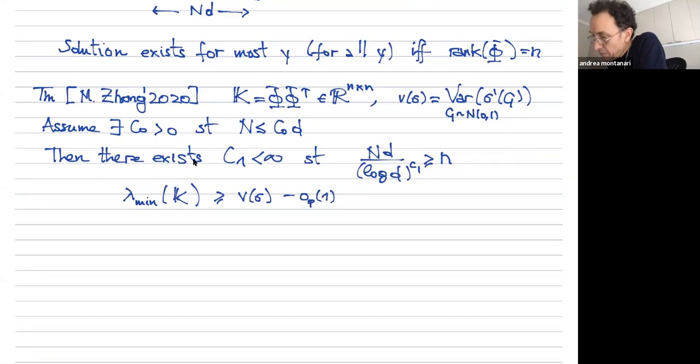Okay, so the theorem is basically telling you that, okay, you have to give me some extra log factors, this log n, log d to the C1, but if you give me this extra log factor, not only does the matrix phi have full rank, but I have a quantitative lower bound on the minimum singular value of the kernel.